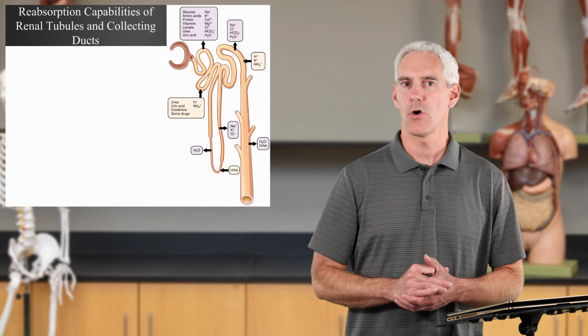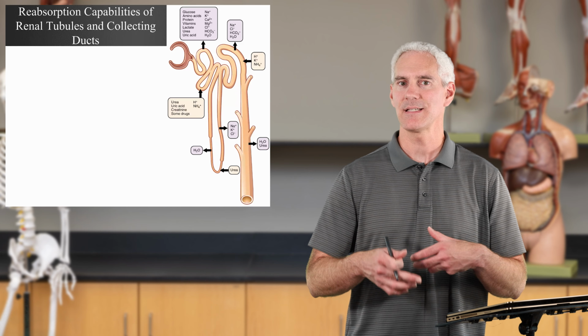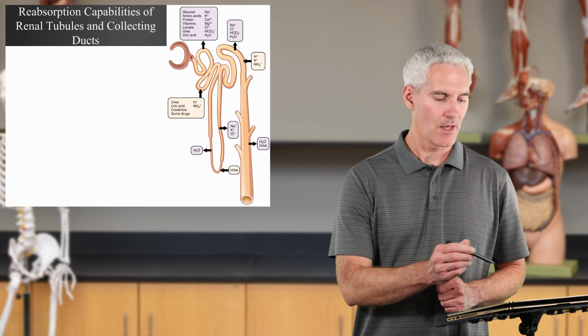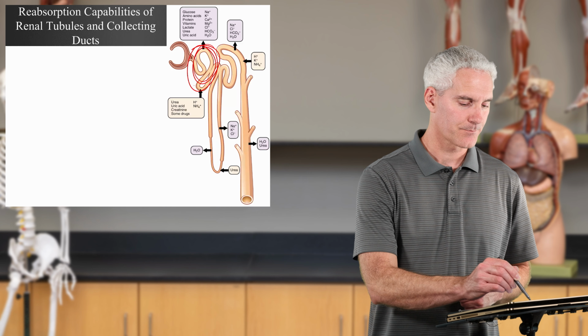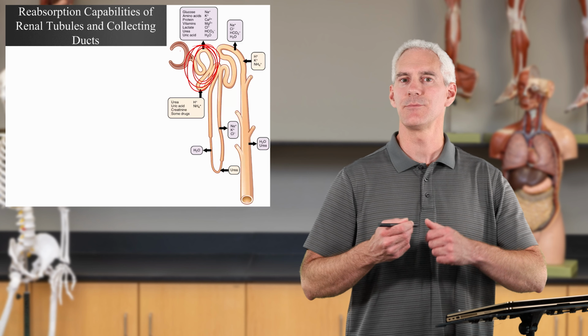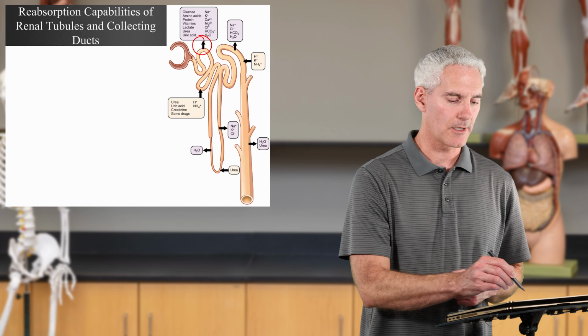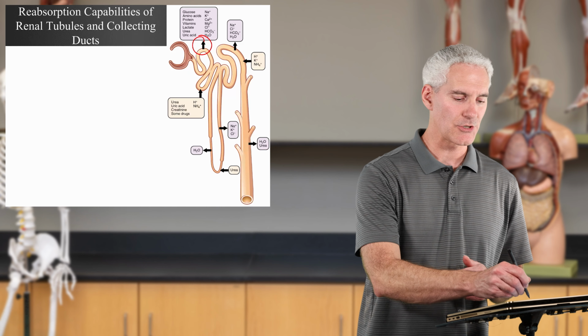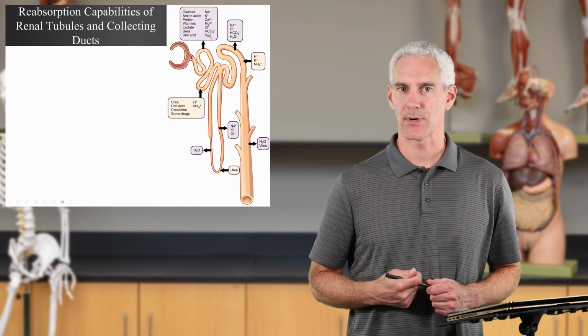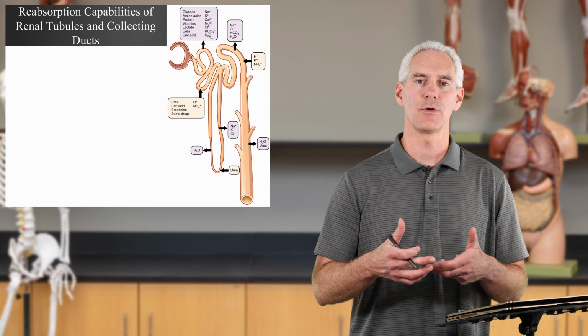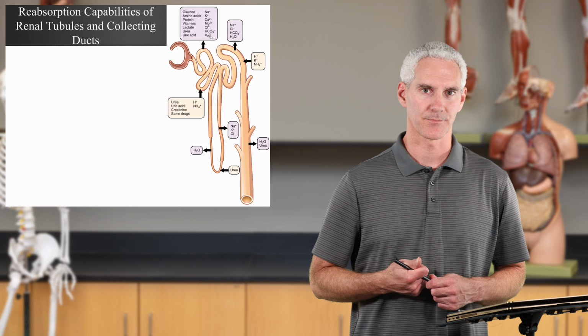Now, this is showing one nephron and is symbolic of what's being moved across each component. For example, up top here is the proximal convoluted tubule. The arrow pointing out shows what is leaving the proximal convoluted tubule, that means what is going through tubular reabsorption.